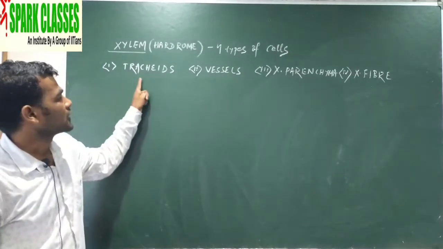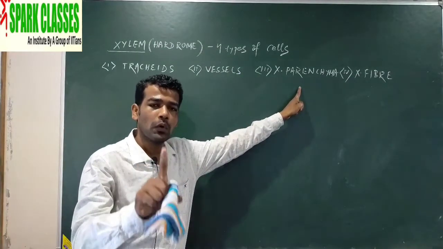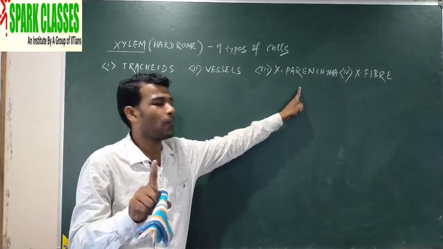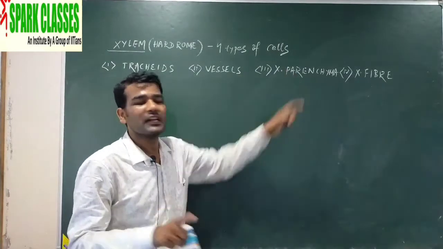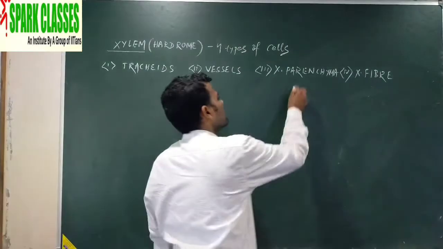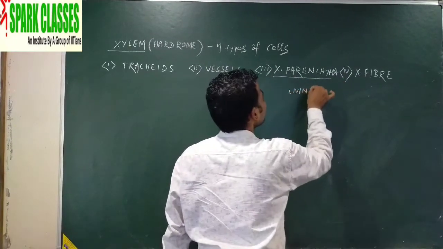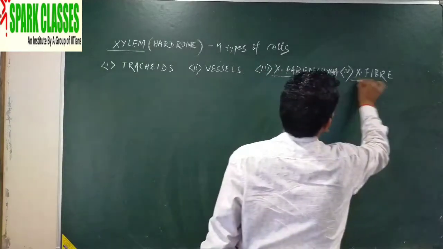Parenchyma and collenchyma are living, and parenchyma is a major component of plant. So that's why we can say xylem parenchyma is the only living cell present in xylem, rest are dead.